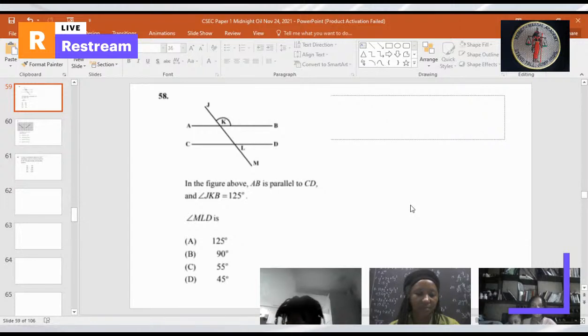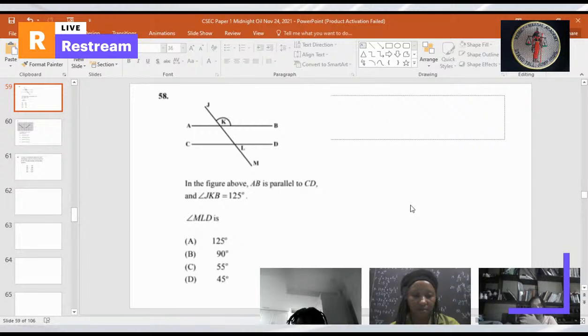My turn. In the figure of number 58. In the figure above, AB is parallel to CD. Angle JKB is 125 degrees.